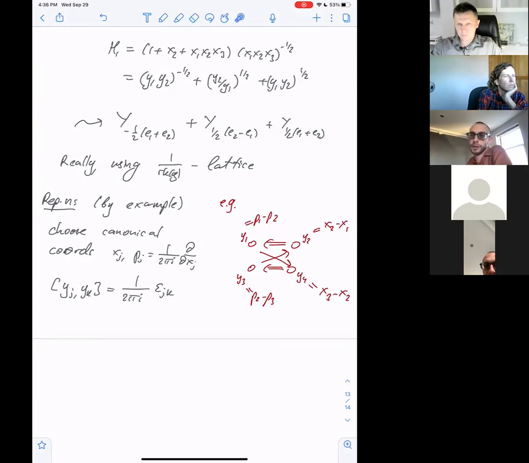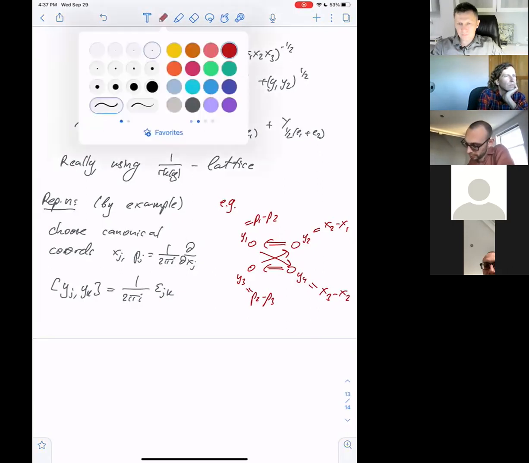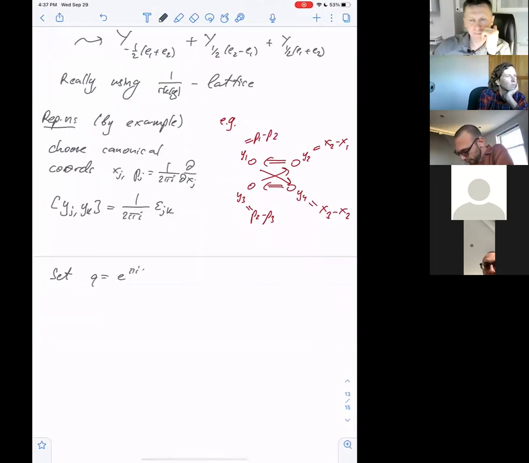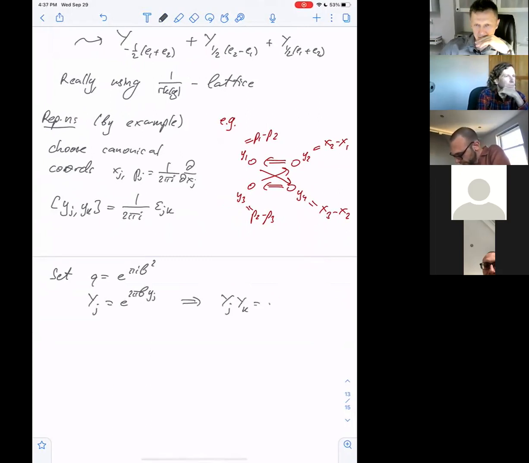So I get the right commutation relations, and then I can set q to be e to the pi i b squared, and set yj to be e to the 2 pi b yj. Then indeed I'll have the relations yj yk equals q to the 2 epsilon kj yk yj.